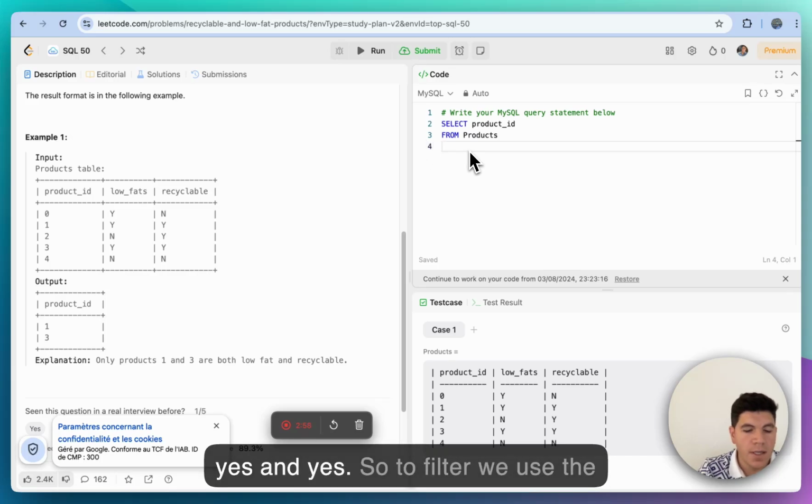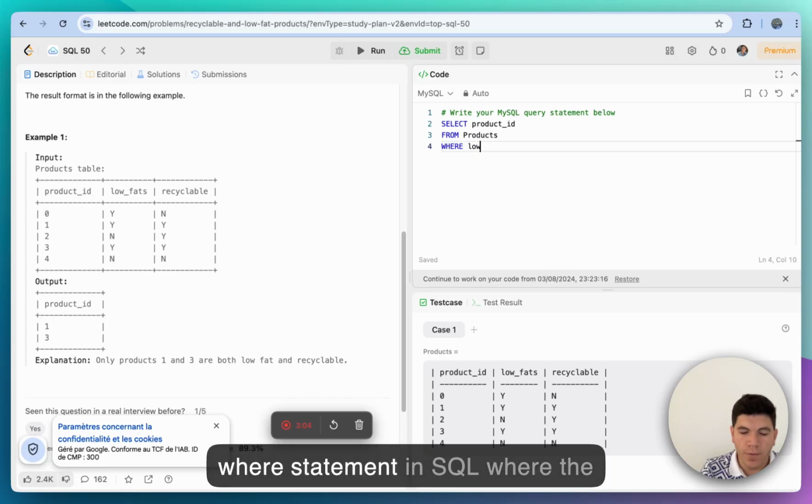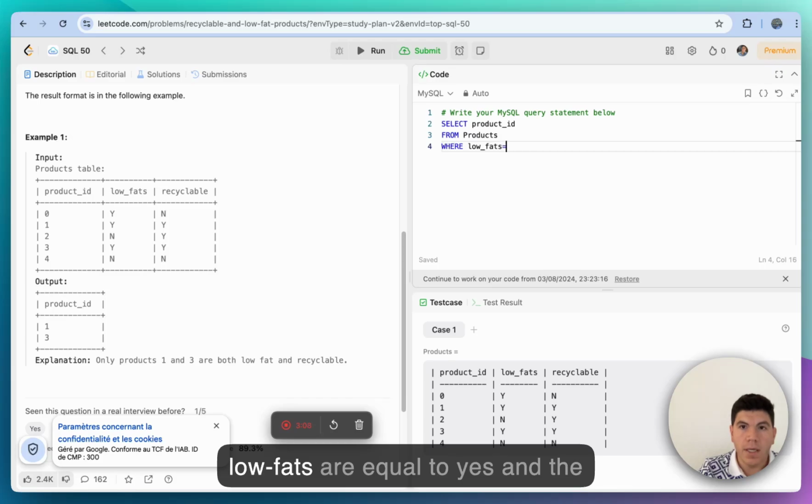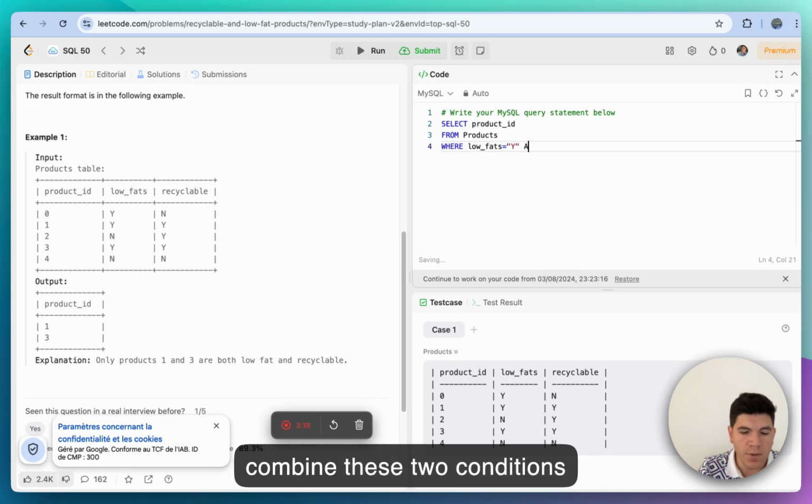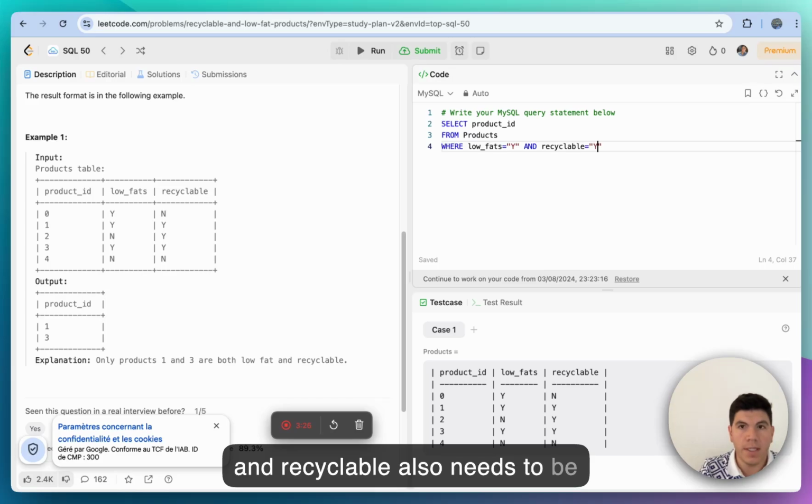To filter, we use a where statement in SQL, where low fats equals yes, and the second condition is for recyclable, which also needs to be yes. To combine these two conditions, we're going to use the keyword and.